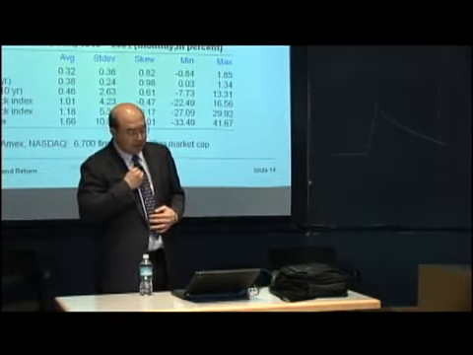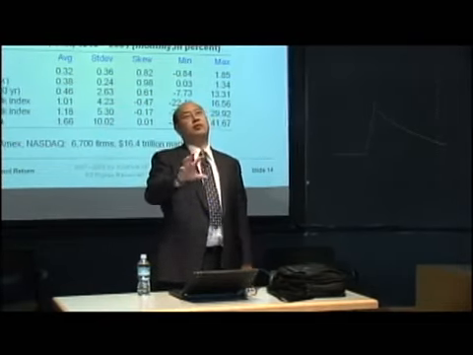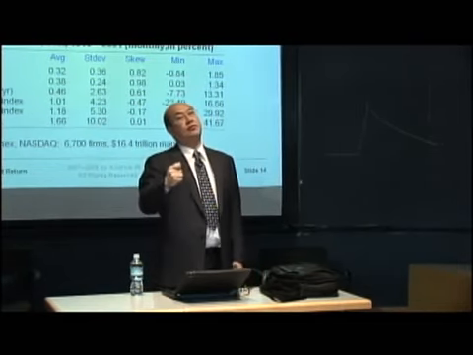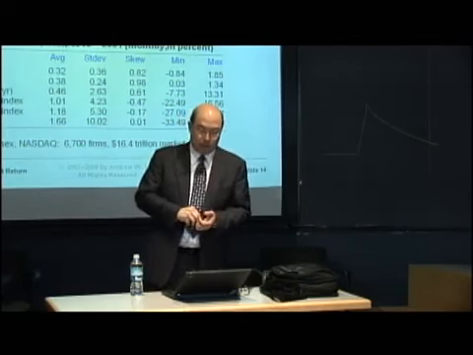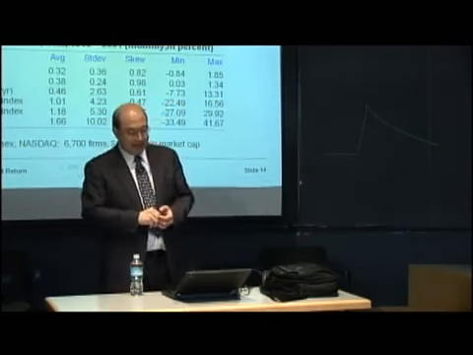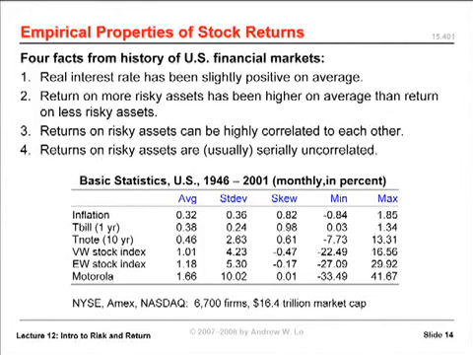All right. So there are 4 empirical facts that I want you to take with you about the U.S. stock market. The first is that interest rates in general have been slightly positive on average, but not by much. In other words, the real interest rate, the nominal interest rate minus the inflation rate, has been pretty low over the course of history.